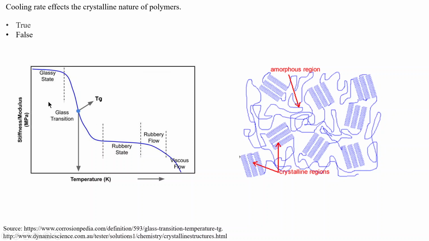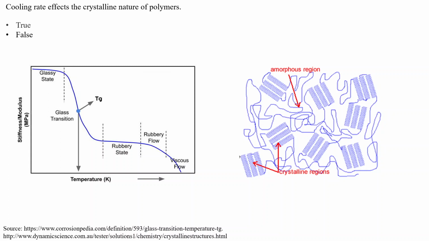So that's why whenever polymer processing is being done, when we are handling the polymer melt, we always try to cool the polymer very slowly. That usually happens in the compression molding process.